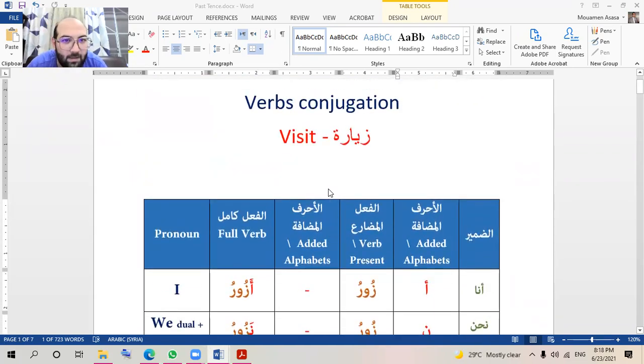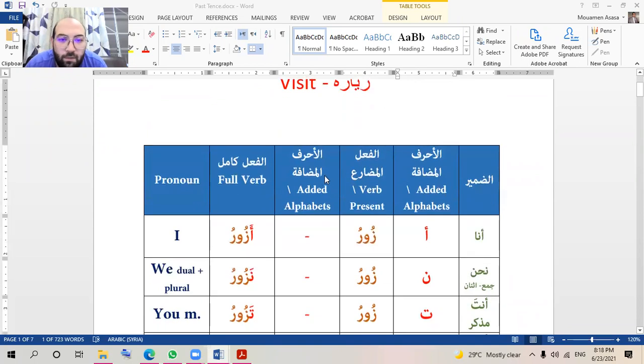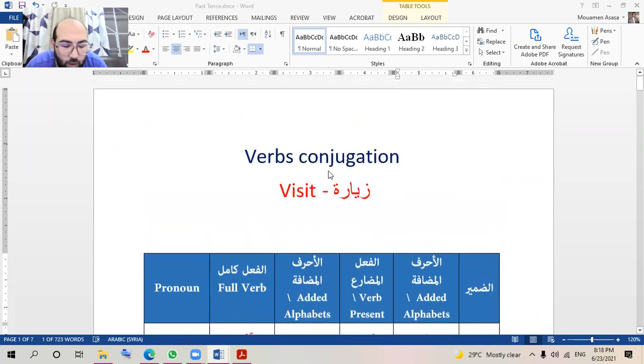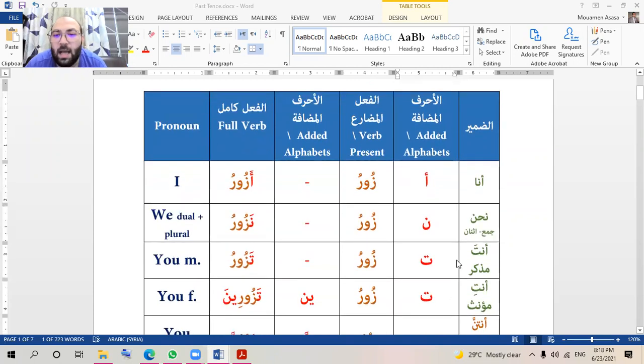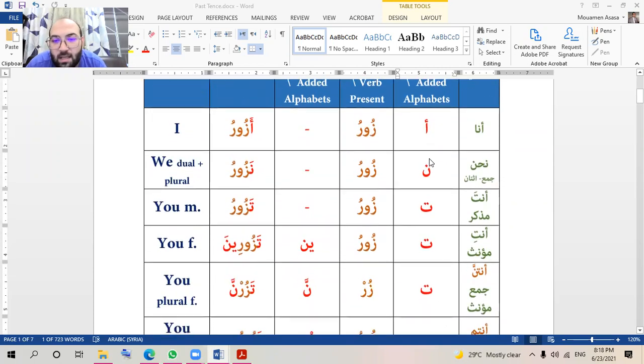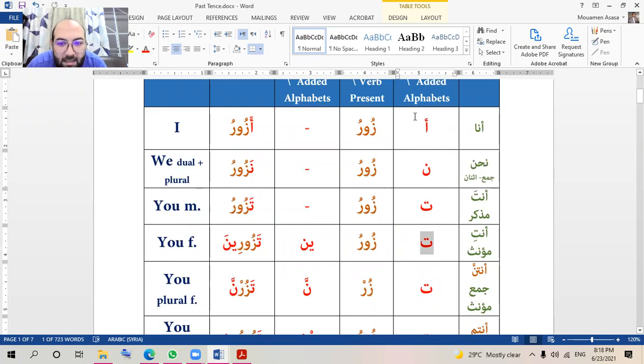We are going to take the past tense. Before that, I wanted to review: when I give you the fi'l al-mudari', the present, the present has a structure, and in this structure there is an added alphabet. This added alphabet gives us who is the one doing the verb, if you remember. Like ana, we add hamza and alif. Nahnu, we add noon.